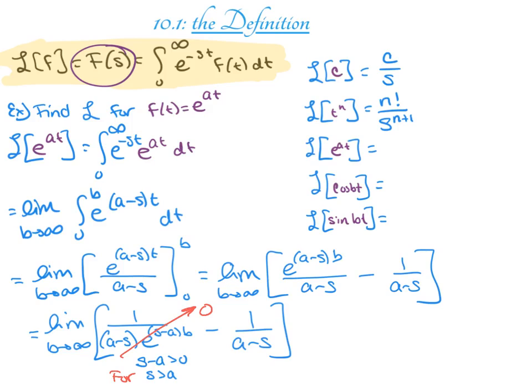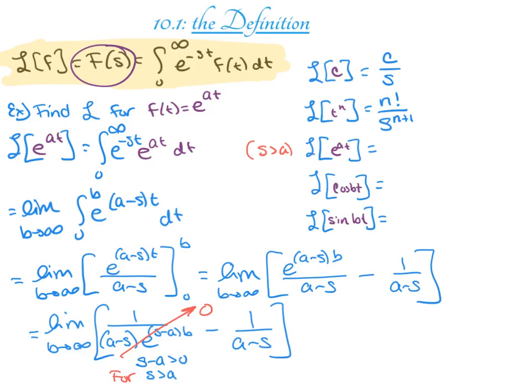So when you see these results, you might see the condition that s is eventually bigger than a. And that's okay, just as a reminder, because a is a fixed constant, but s can vary. So as long as s gets eventually big enough, then we're fine.